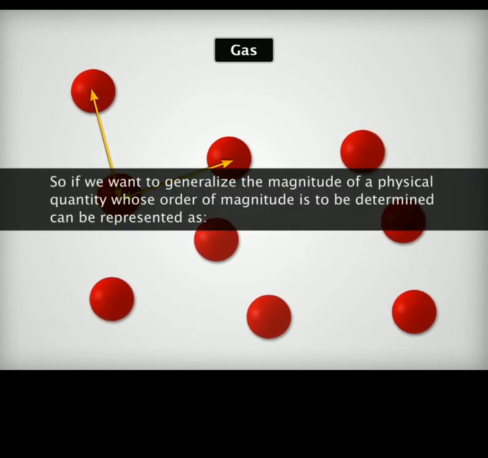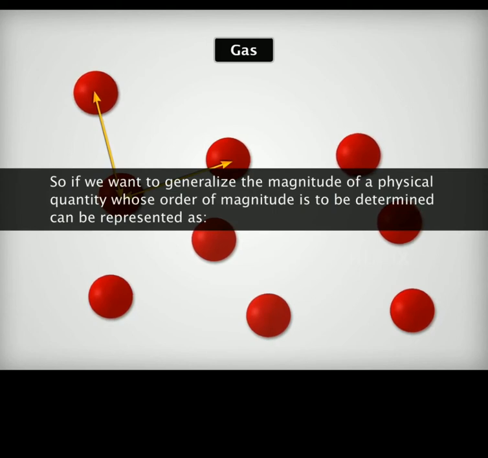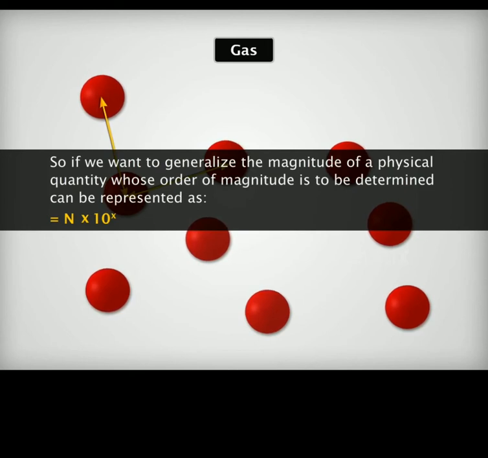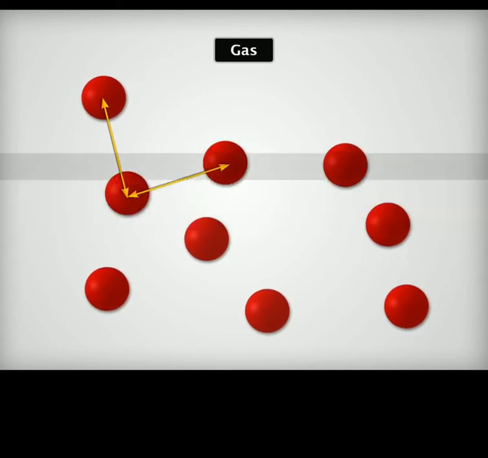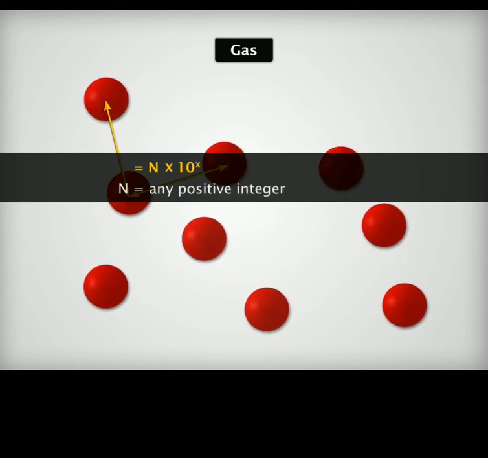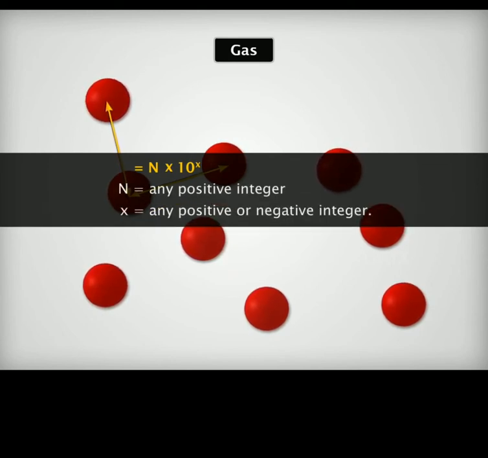So, if we want to generalize, the magnitude of a physical quantity whose order of magnitude is to be determined can be represented as its numerical value n into 10 to the power x, which is its order. In the general representation, n is any positive integer and x can be any positive or negative integer.